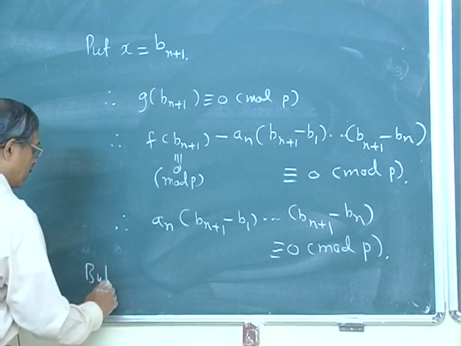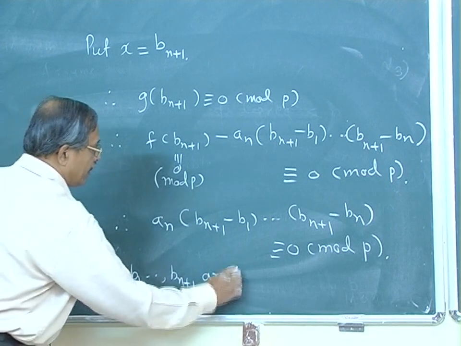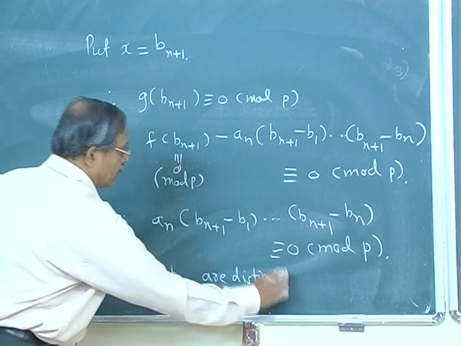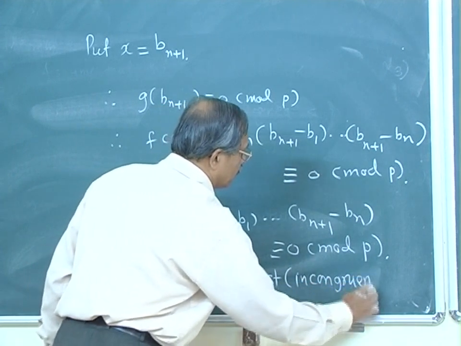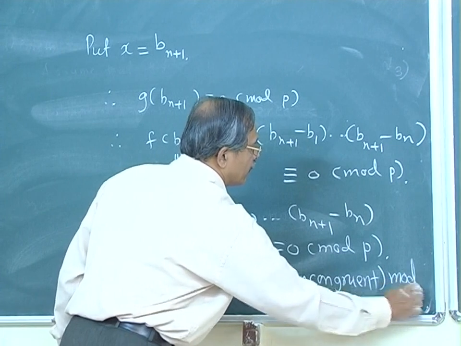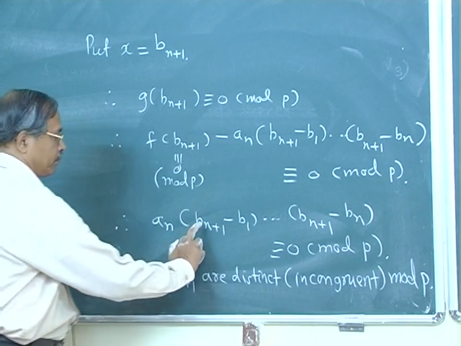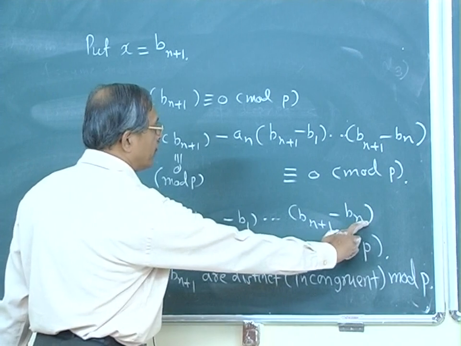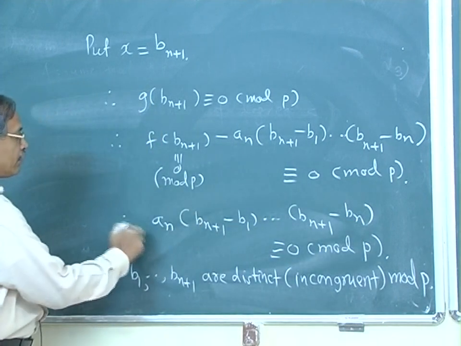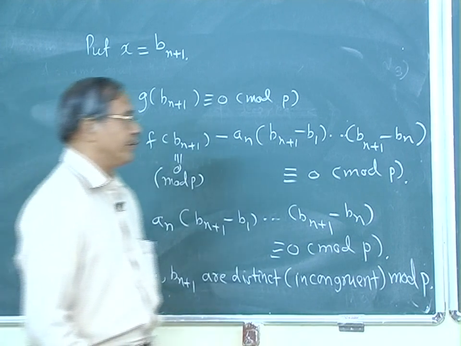But b1, b2, b(n+1) are distinct, that is, incongruent mod p. So b(n+1) minus b1 is not congruent to 0 mod p, etc., b(n+1) minus bn is not congruent to 0 mod p, and an is already not congruent to 0 mod p. So this product is not congruent to 0 mod p, and we get a contradiction.